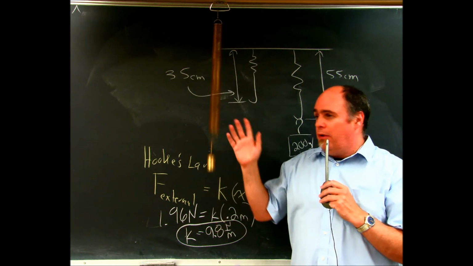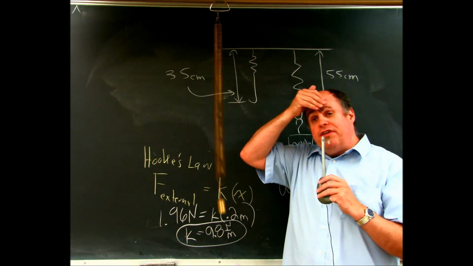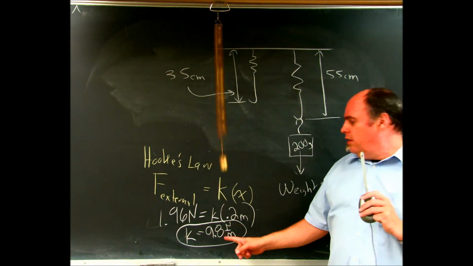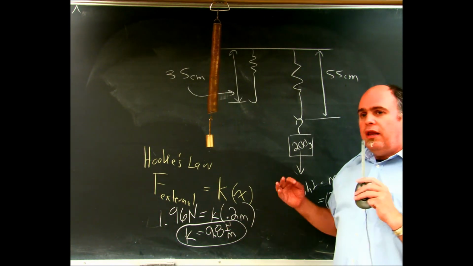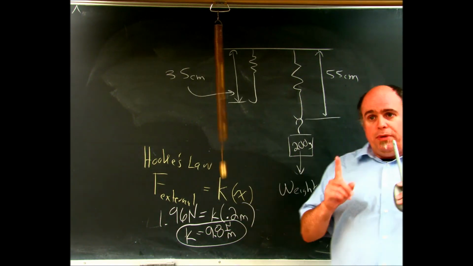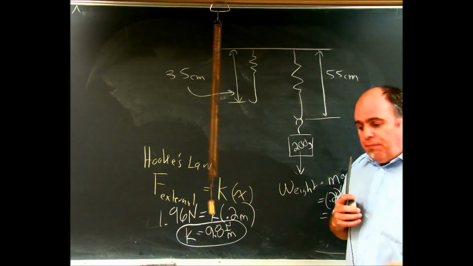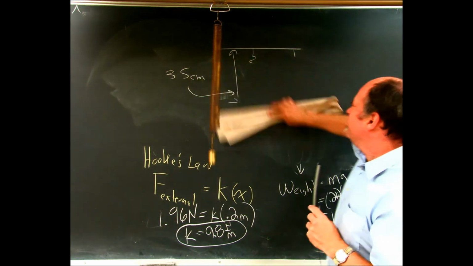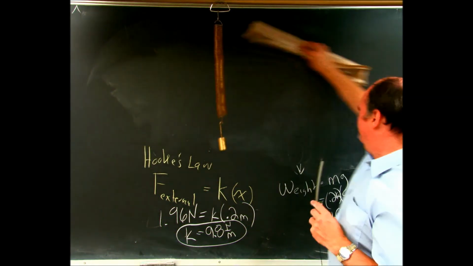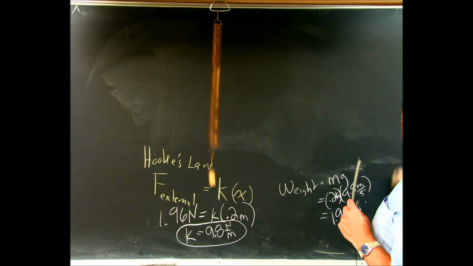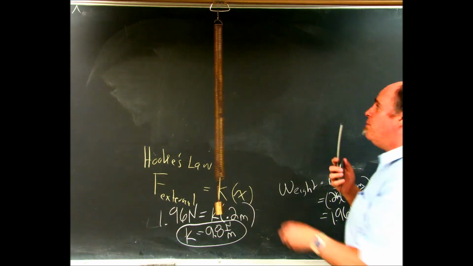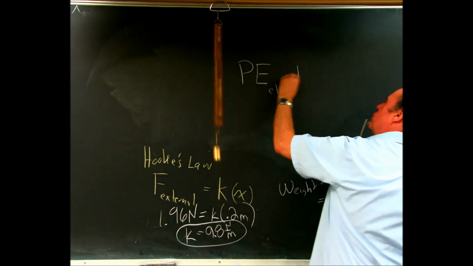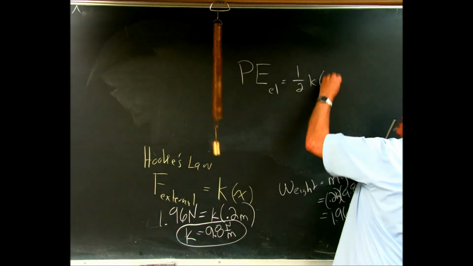If I let it go, it'll bounce up and down, and that's not the topic for today. But the number here, 9.8 newtons per meter, is telling us how stiff that spring would be. So if I go back to the previous formula, it said the elastic potential energy equals 1/2 K times x squared.